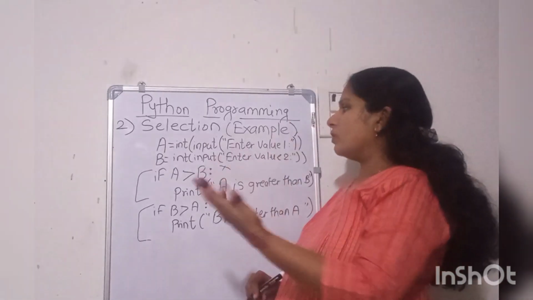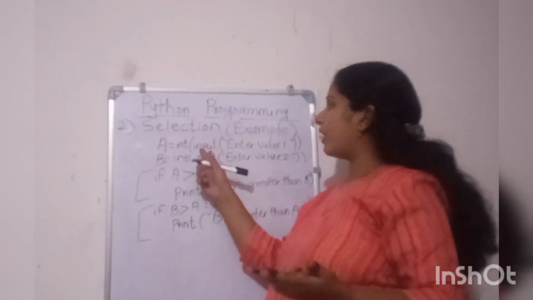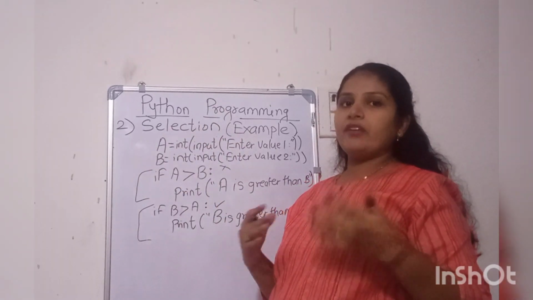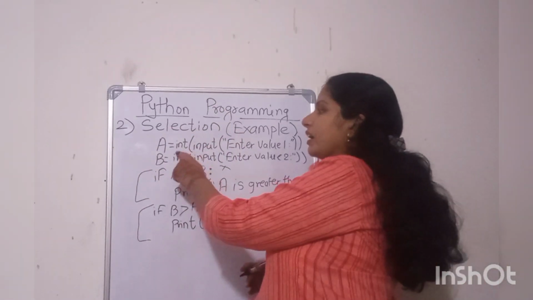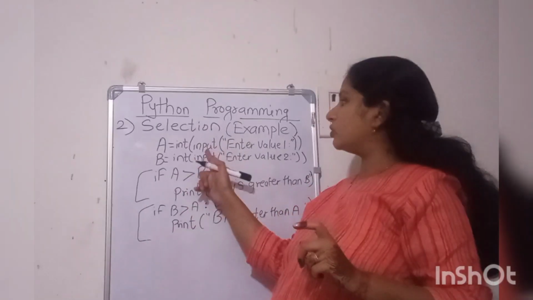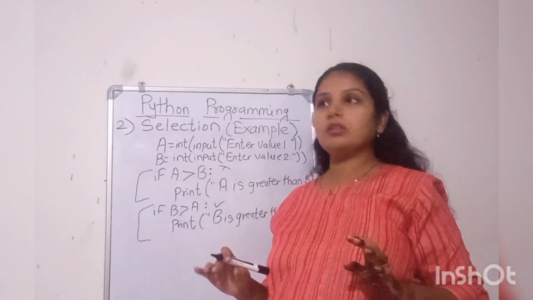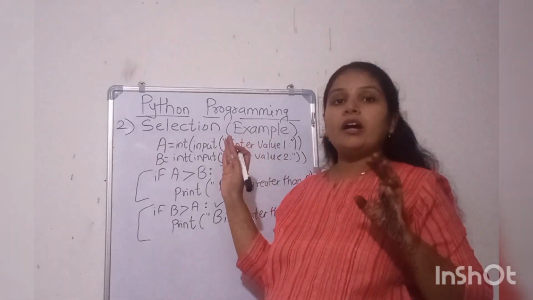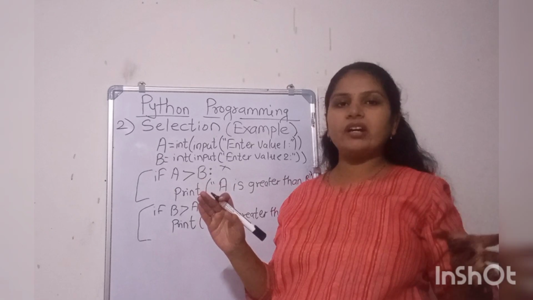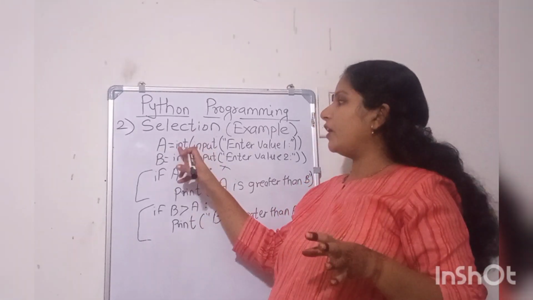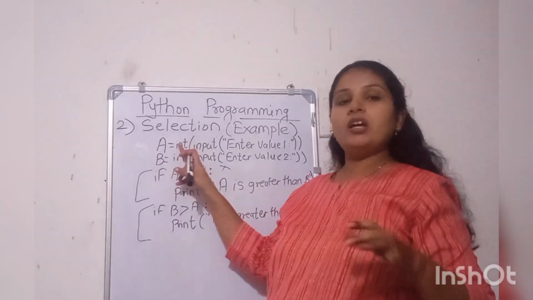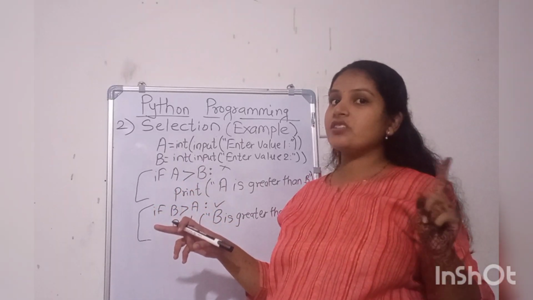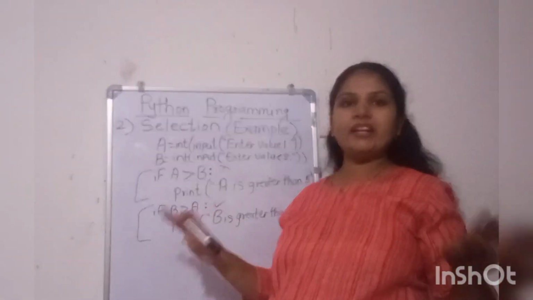Now we understand why we are using the input function: to take the input from the user every time I execute the program. But why this integer? Whenever you are using only the input function, whichever value is entered by the user is taken as a string by default. In Python, if I don't use this integer function, whichever value I am taking, though it is a number, will be taken as a string and the whole operation will be different.